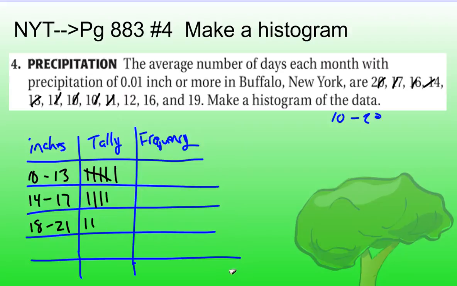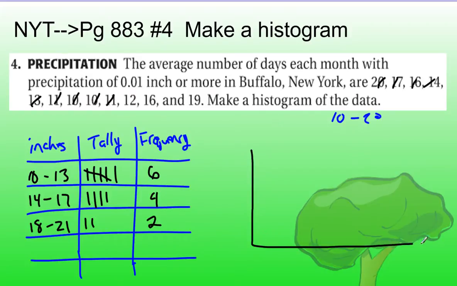So this so far is my frequency table. Now there are 6 here, 4 here, and 2 here. So now when we make our histogram, we get frequency on the side, and we're going to get our inches down here.